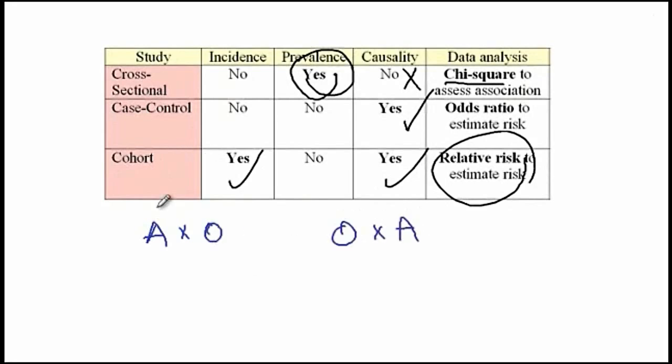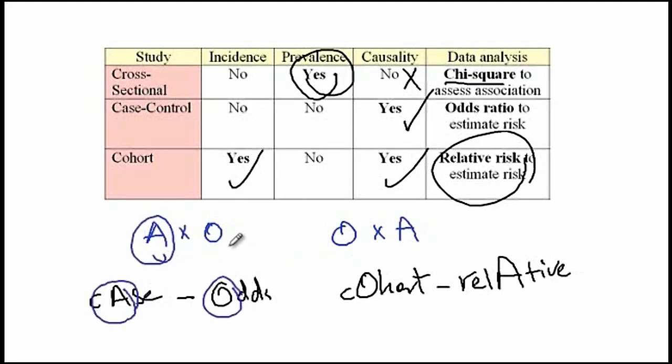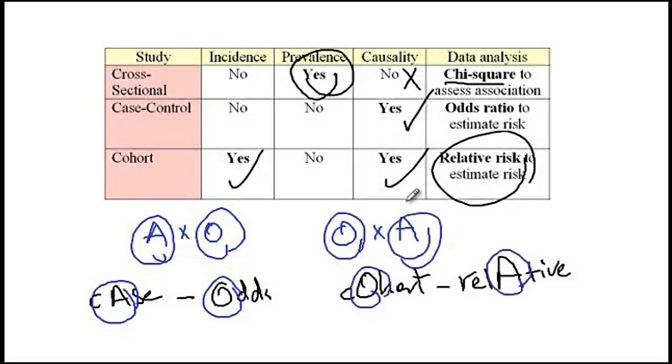For case control, we use odds ratio, and for cohort studies we use relative risk. So we cannot have two O's or two A's in each equation, just one O and one A. Case control goes with odds ratio and cohort goes with relative risk. And that concludes our discussion.